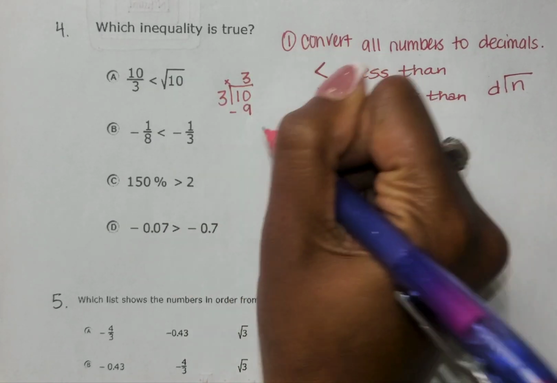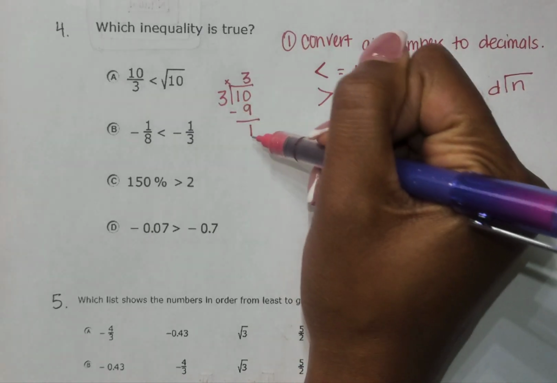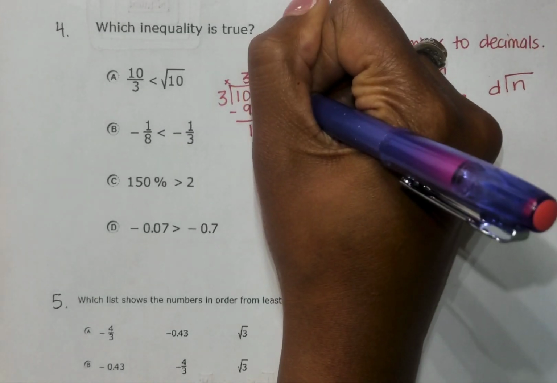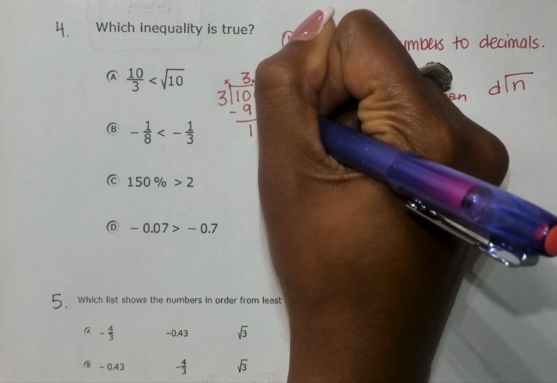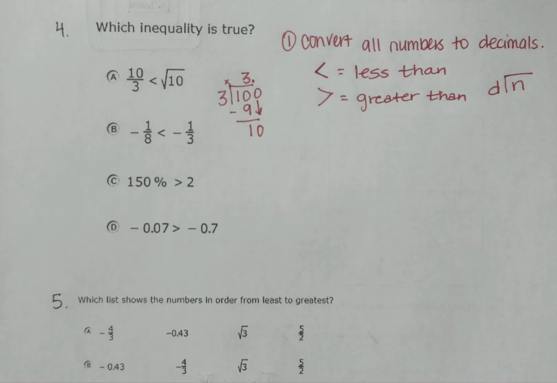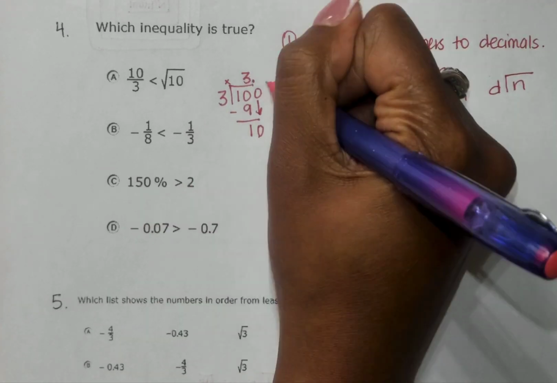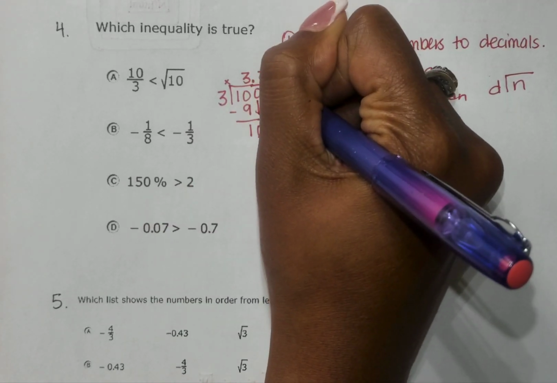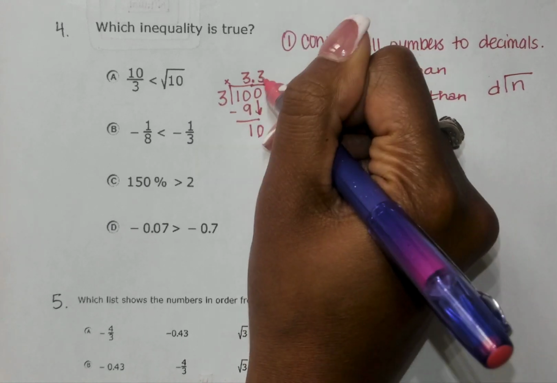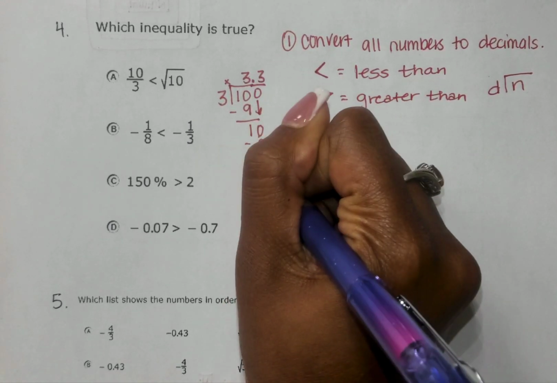We take away 9 and we're left with 1. Well, 3 does not go into 1, so we add a decimal and a 0 and bring that down. And ask ourselves again, how many times does 3 fit into 10? Again, that is 3. 3 times 3 is 9, and we're left with 1 again.